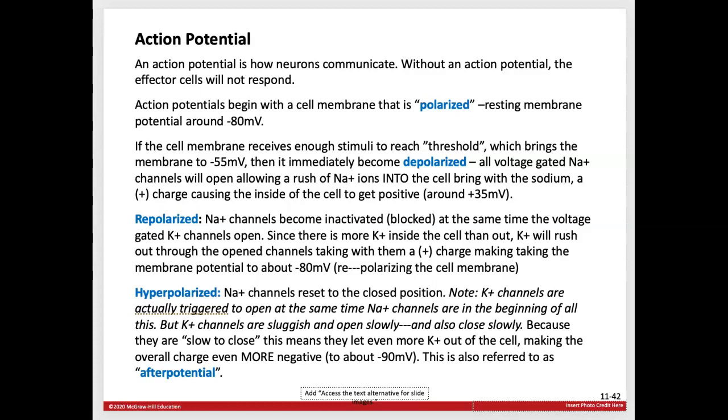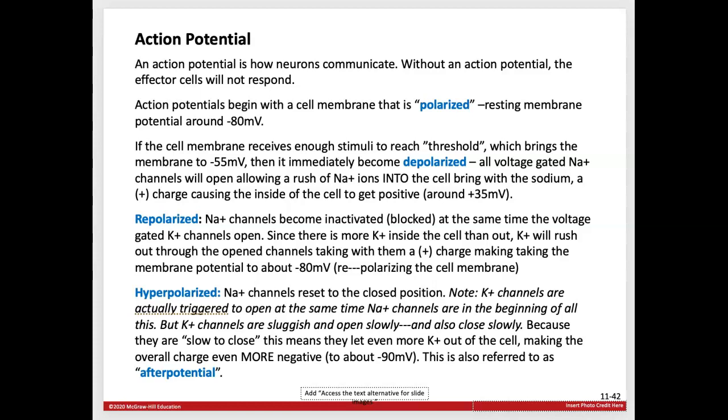So an action potential begins with a cell membrane that is polarized. That is, the resting membrane potential is around negative 80 millivolts. If the cell membrane receives enough stimuli to reach threshold, enough tick, tick, tick, ticks to bring the membrane up to negative 55 millivolts, then it will become depolarized.